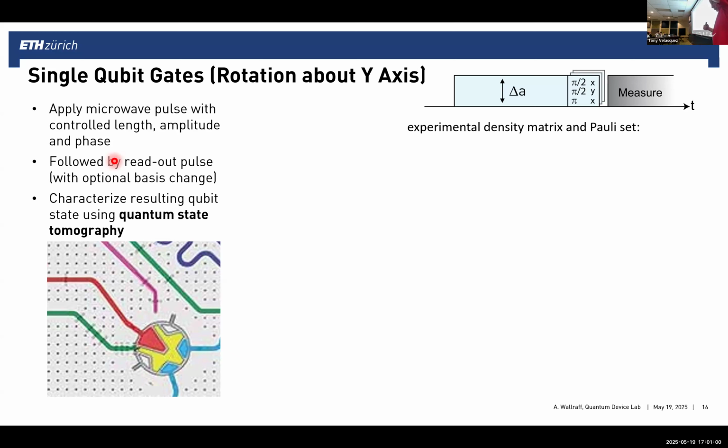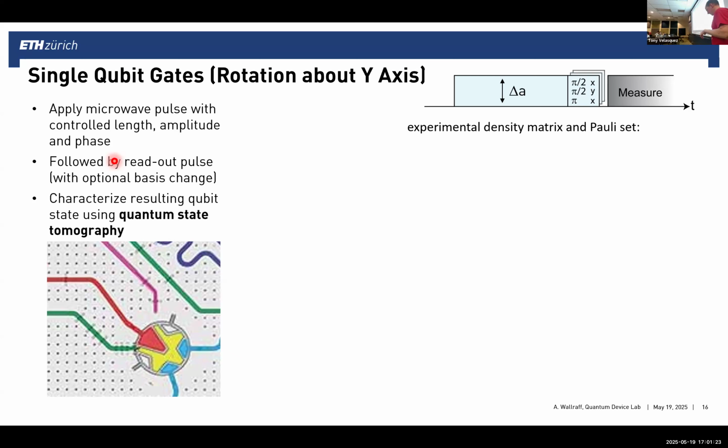To get the x and the y components of your state vector, you need to measure the x and the y components. If your measurement setup can only measure z components, then rather than building a new measurement setup, you apply a pi half pulse to your qubit about either the x or the y axis, which turns the x component into the z component, which you can now measure, or the y component into the z component, which you can now measure.